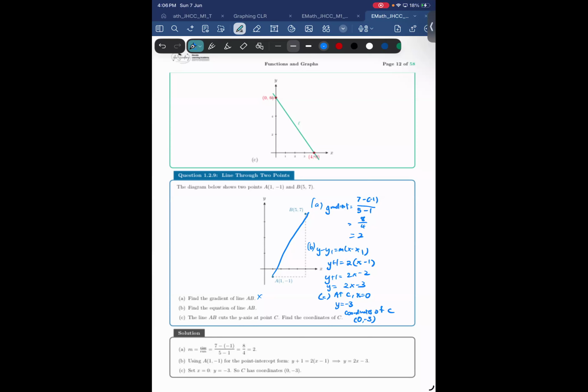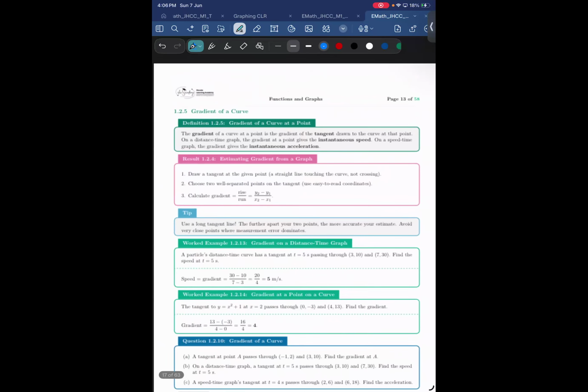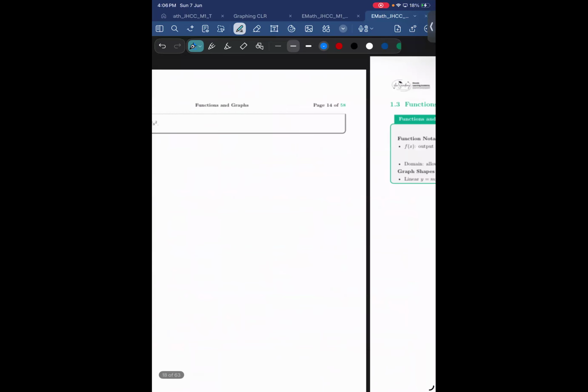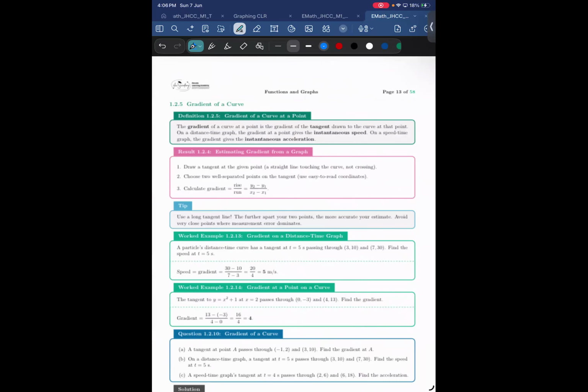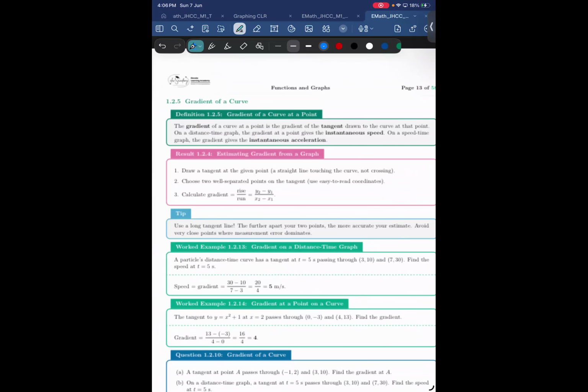Okay, we continue on with this. The last portion of this chapter, gradient of a curve at a point. Usually these questions come up as curve sketching questions.